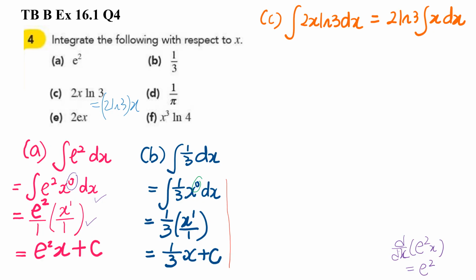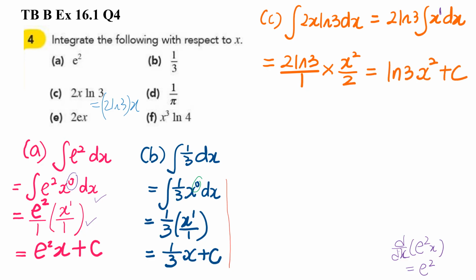And then you just integrate x. So x is x to the power 1, right? So you just take the power plus 1, then divide by 2. Simplify it. Okay, it looks better if you bracket ln 3.